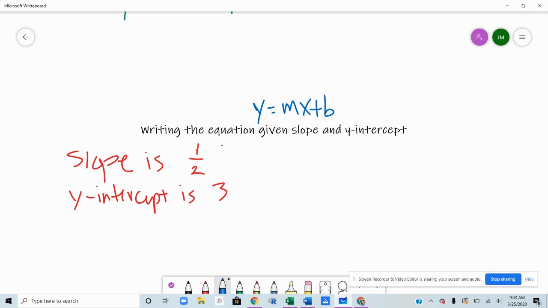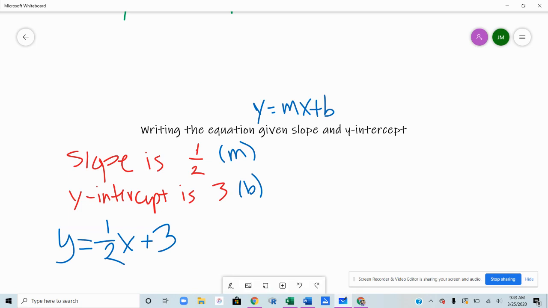Slope, remember, is m, and y-intercept is b. So this is very easy to plug in. We keep y. M, which is our slope, is 1/2. We keep x. B, which is our y-intercept, is 3. So plus 3. Our equation is y equals 1/2 x plus 3, given the information that the slope is 1/2 and the y-intercept is 3.